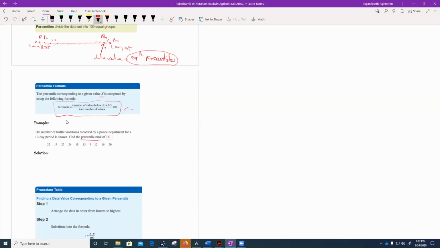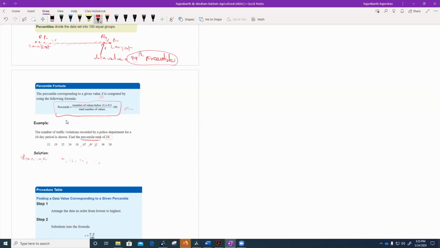First, remember, you need to rearrange the data values from the smallest to the largest. So let us rearrange. Which one is the smallest one? Yes, 9. The next smallest one, 12. Then 15. Then what is the smallest one? 16.